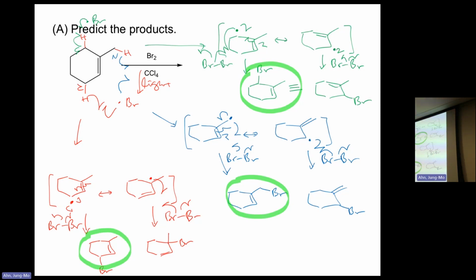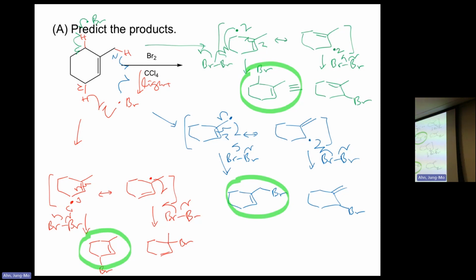Then you should go through the most stable intermediate. That means, is this the most stable intermediate? Or either of those two, or even these two? That is what you should consider. That's a secondary allylic radical. That is a secondary allylic radical. That is a primary allylic radical, so this is probably not ready.